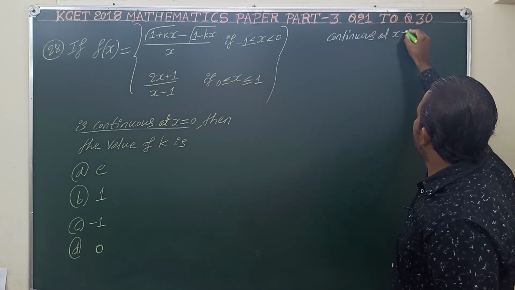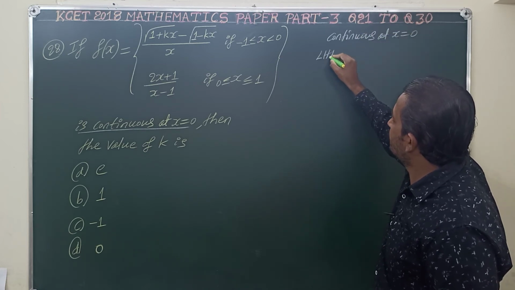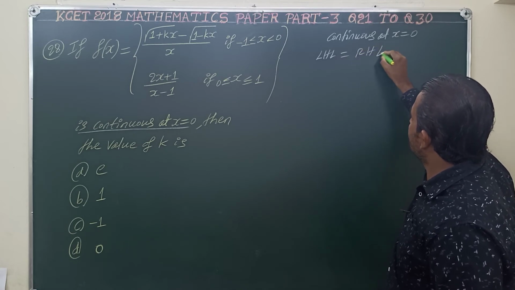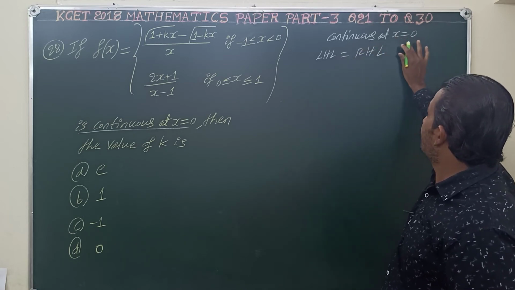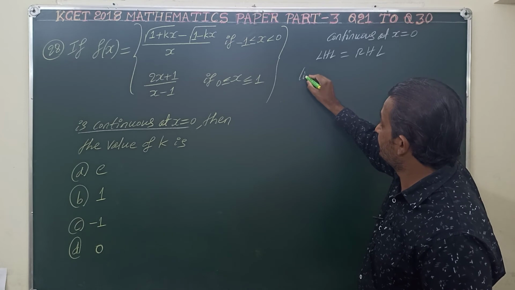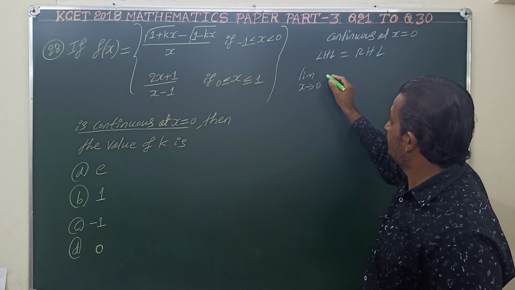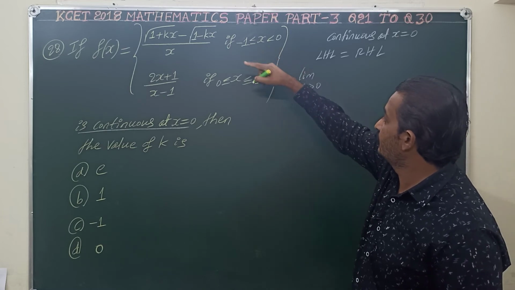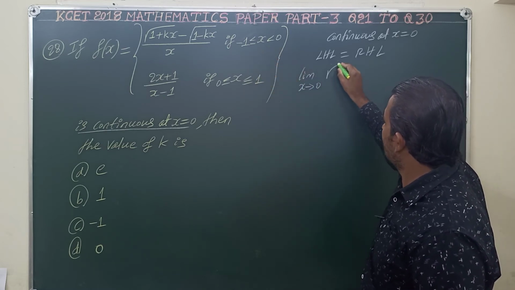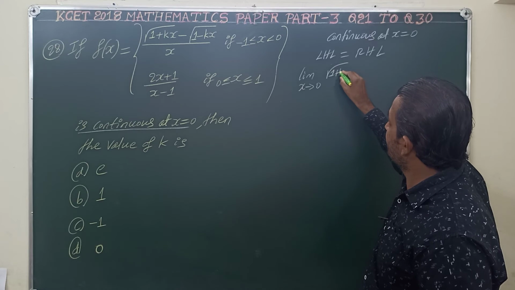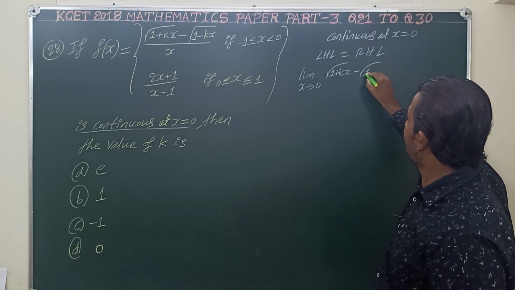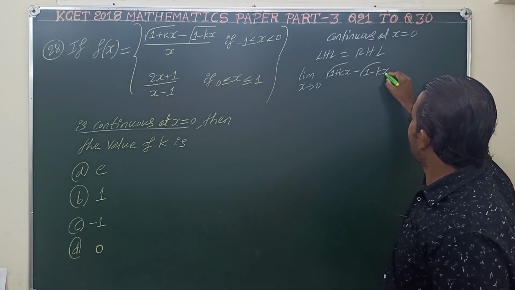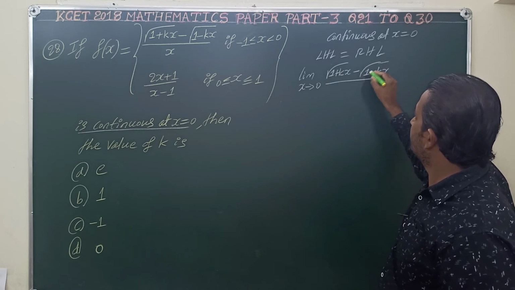Continuous at x is equal to 0 means LHL is equal to RHL. So LHL means the x values approach 0 from the left hand side, nothing but x tends to 0 with x values less than 0. So using the function square root of 1 plus kx minus square root of 1 minus kx whole divided by x.